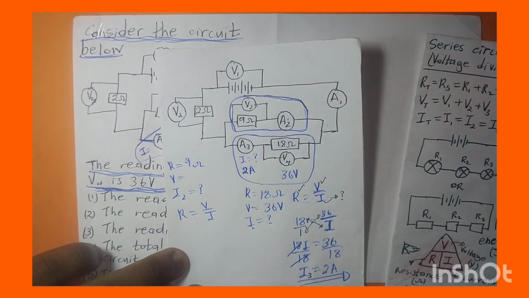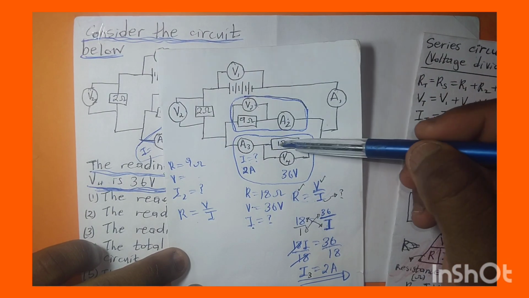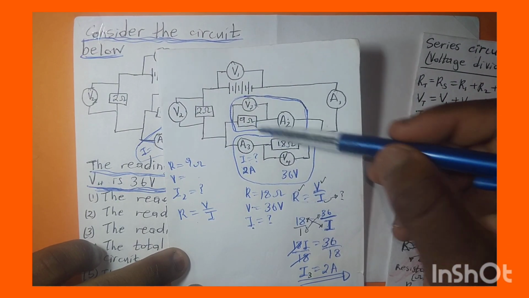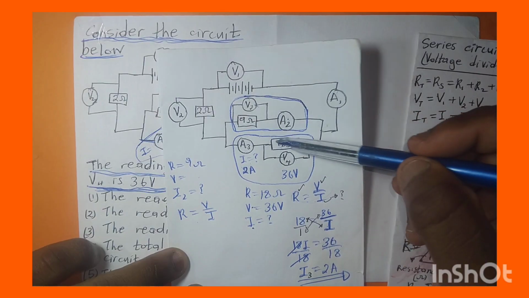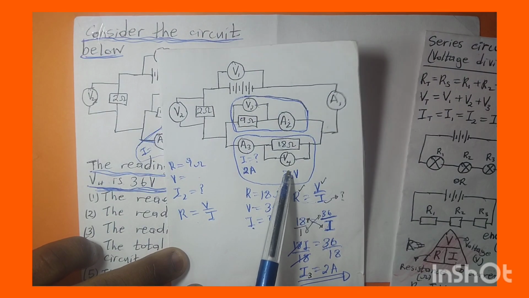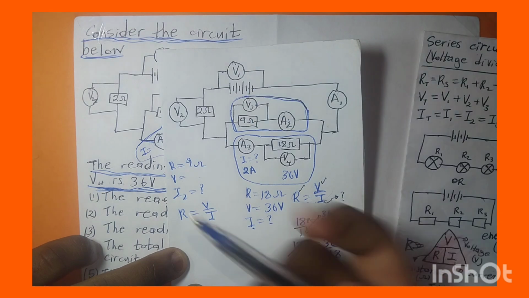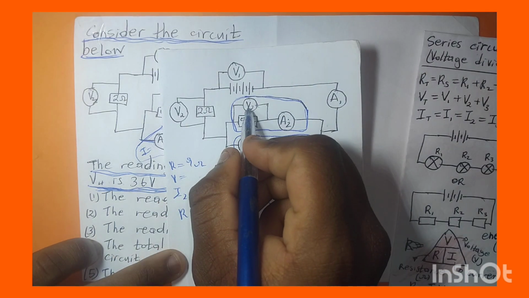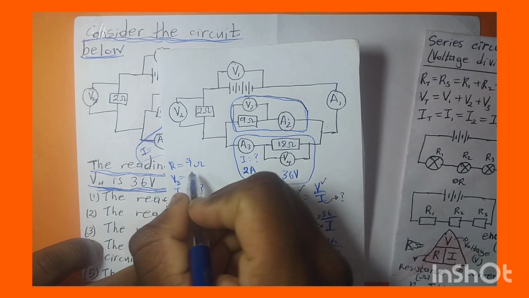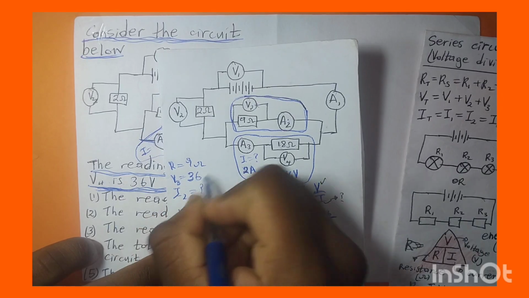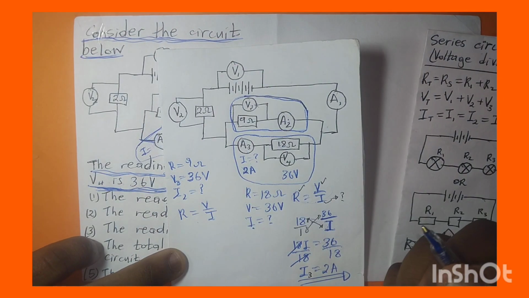So if you understand that these two resistors are parallel to each other, meaning that they have the same voltage. This voltage, which is 36, is also the voltage across the second resistor, meaning V3 will also be 36 volts.